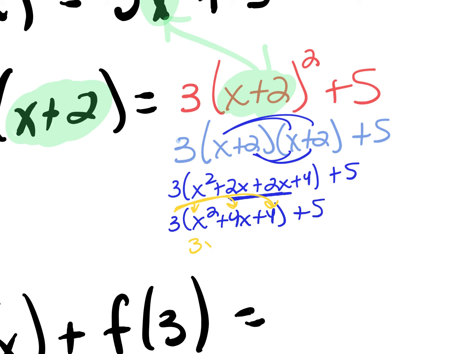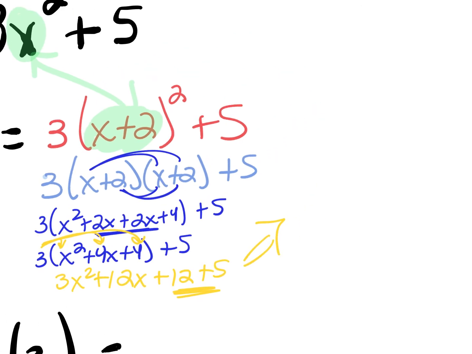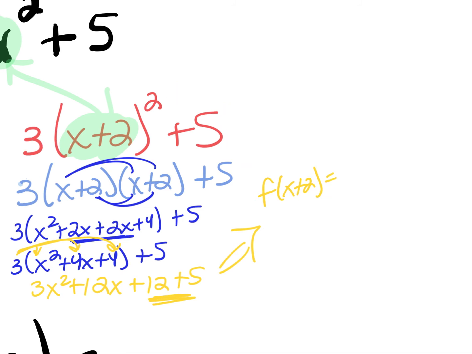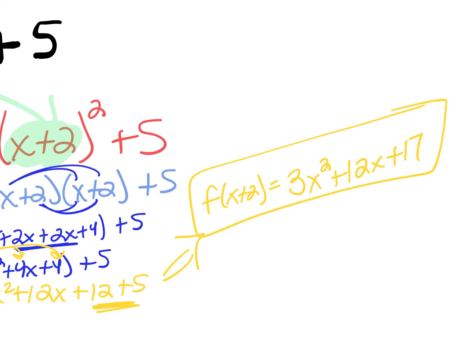So you get 3x squared plus 12x plus 12, and then we have our plus 5. And the last thing we do here is combine right here. So your simplified answer, when I plug in f of x plus 2, when I plug x plus 2 in, I get 3x squared plus 12x plus 17. And that would be simplified.